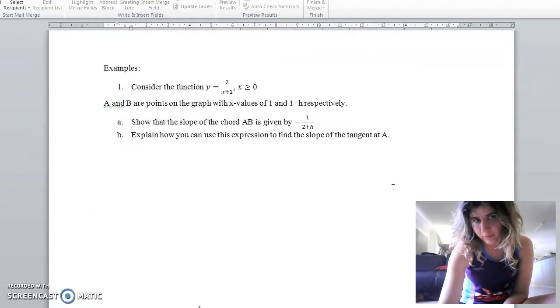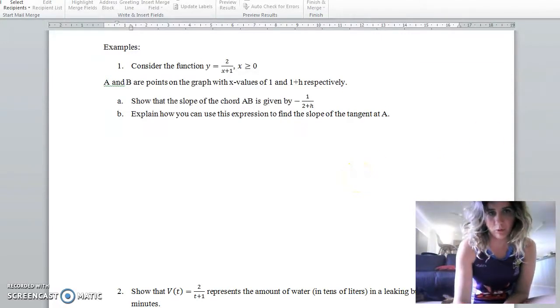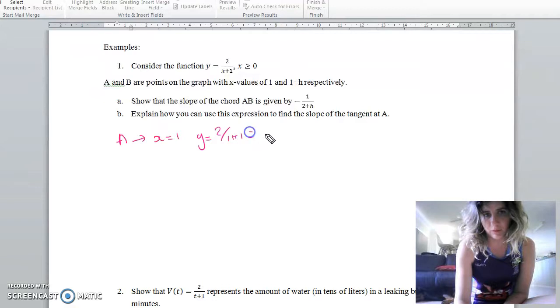Alright, so if we look at our first example, it says consider the function y equals 2 over x plus 1. A and B are points on the graph with x values of 1 and 1 plus h respectively. Show that the chord slope is given by this. If we're looking at A, that's where x is equal to 1. So y would be equal to 2 over 1 plus 1, which is 2 over 2, which is equal to 1.